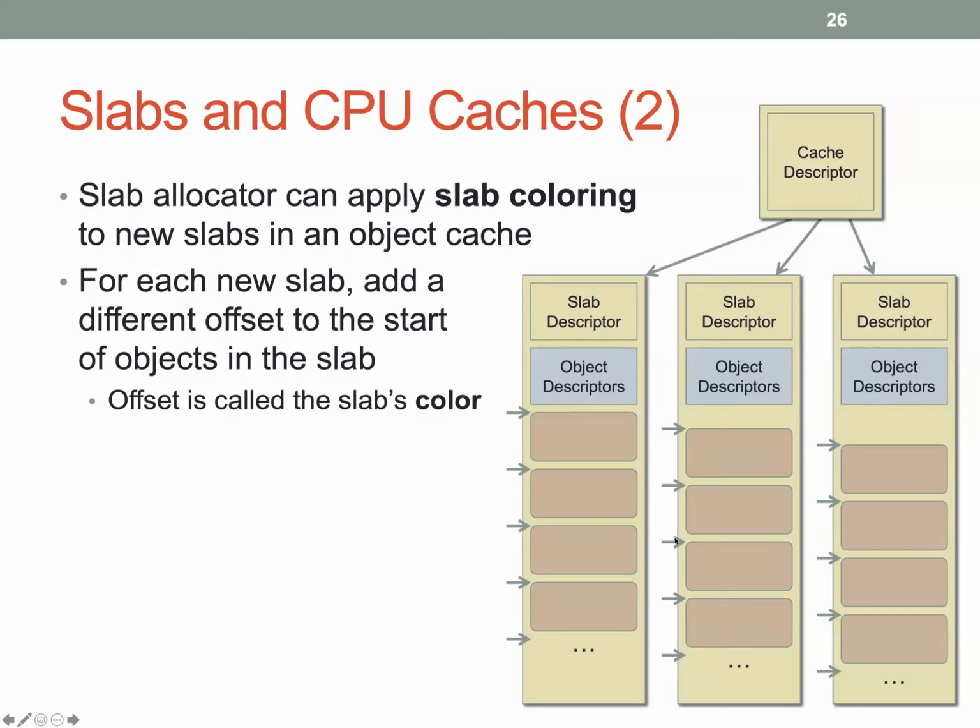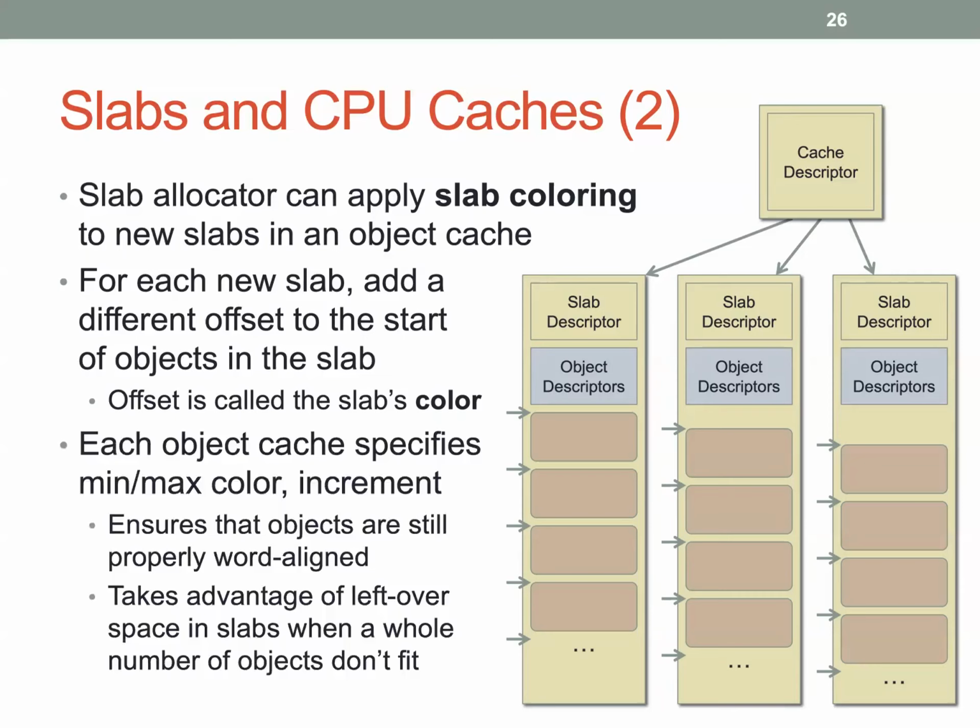And so you can assign each slab a slightly different color, and that shifts all the objects within the slab, and that makes their addresses far friendlier to the hardware caches and the interaction between the hardware caches and the kernel's access patterns. So that's what slab coloring is, if you ever come across this term. It's a really neat thing.